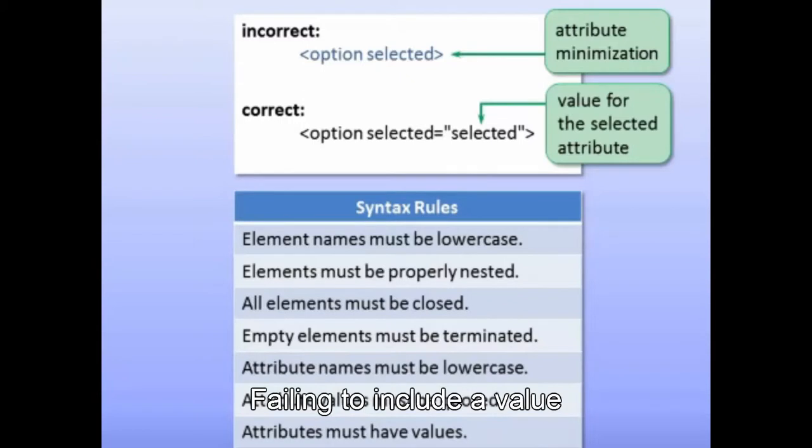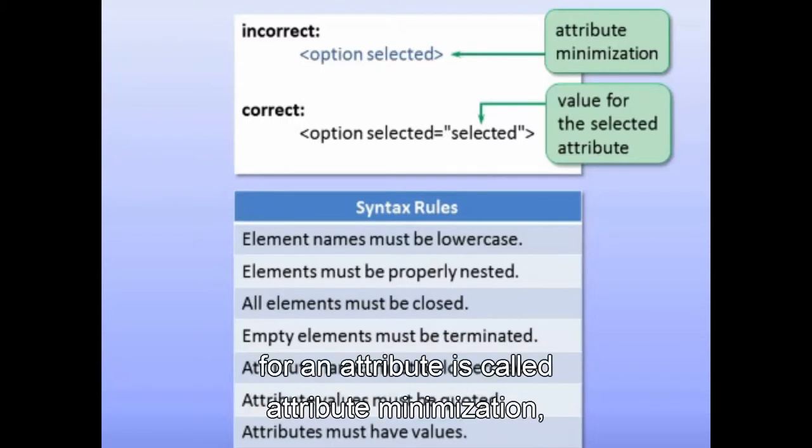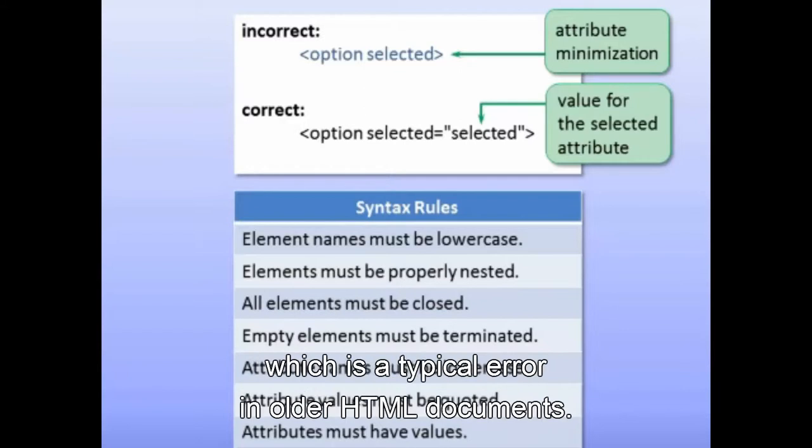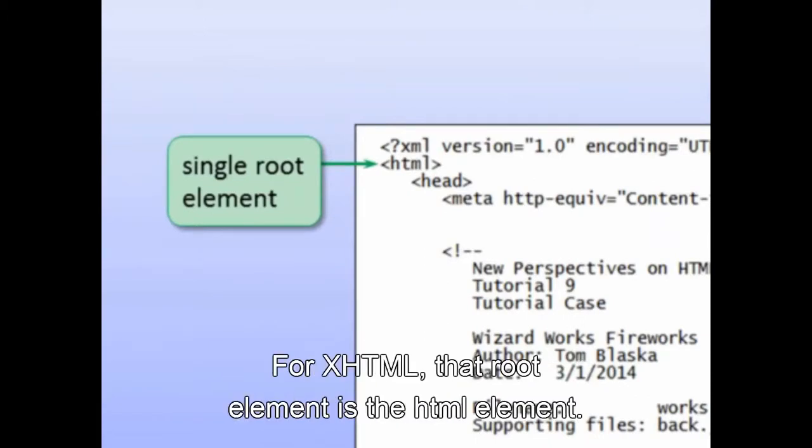Failing to include a value for an attribute is called attribute minimization, which is a typical error in older HTML documents. In addition to these 7 rules, XML documents must include a single root element that contains all other elements. For XHTML, that root element is the HTML element.